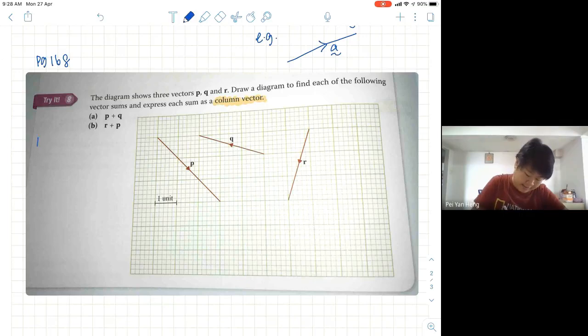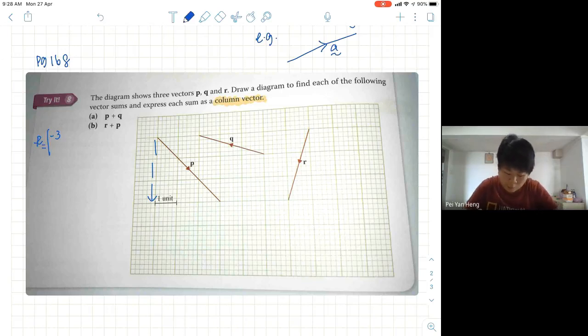Okay, if you have vector P, you're going 1, 2, 3 downward, so this is -3 on the y-axis. And then 1, 2, 3 across, this is +3.